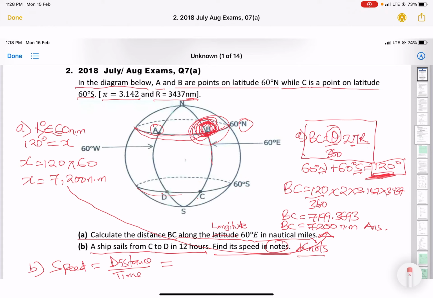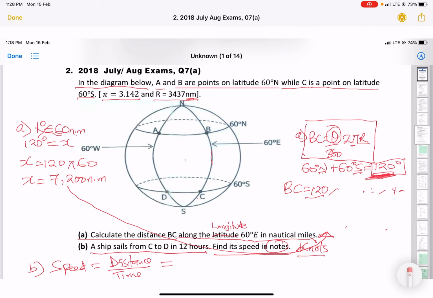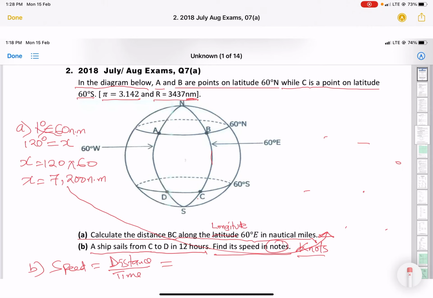So we need to find the distance from point C to point D. Here we are finding distance along the latitude.